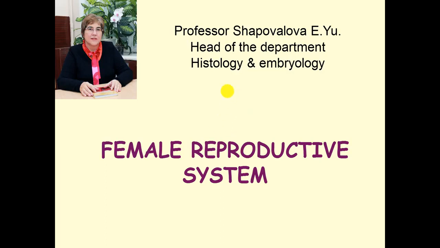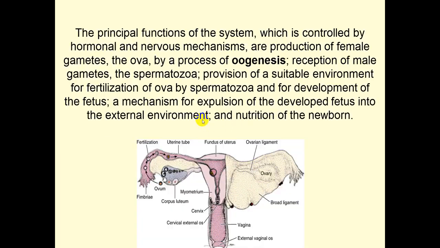Today's lecture will be about the female reproductive system. It is a system of organs which is controlled by hormonal and nervous mechanisms.